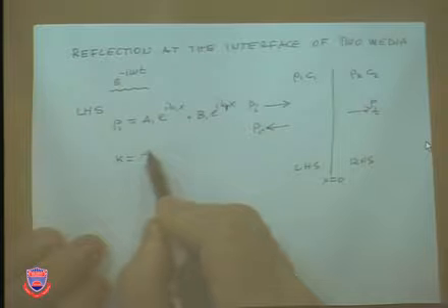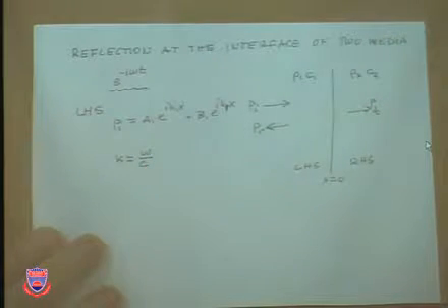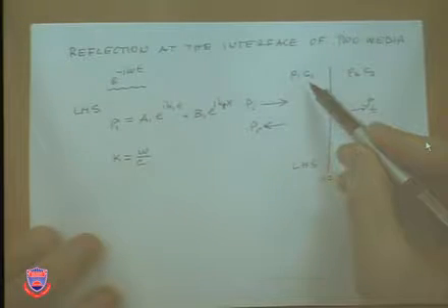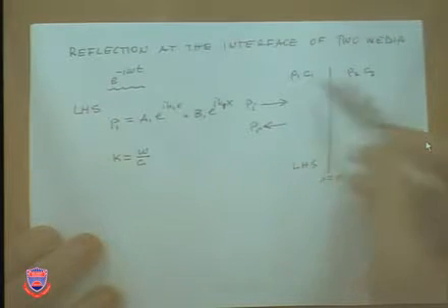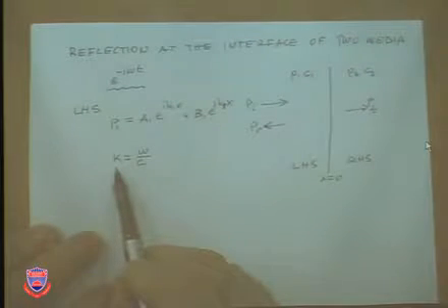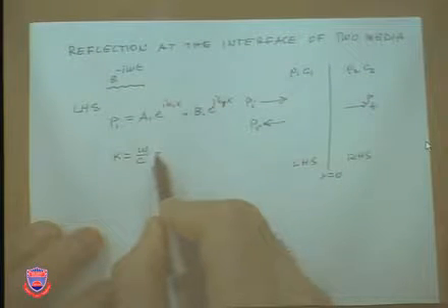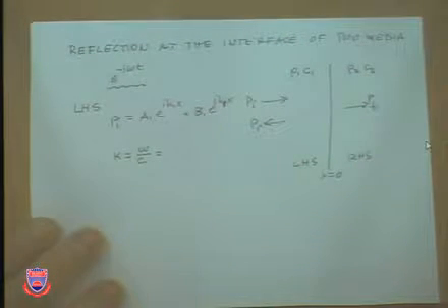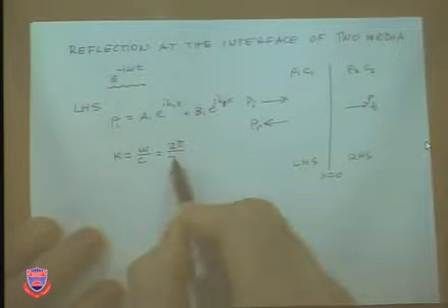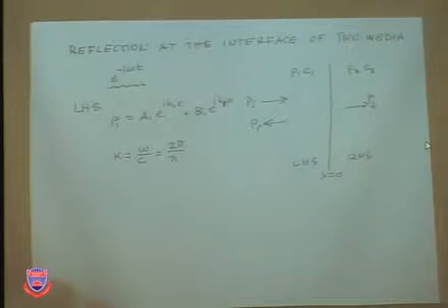K was the ratio of radial frequency to speed of sound. So if the speed of sound is different on both sides, the wave number is also going to be different. In fact, that's also equal to 2 pi over lambda, lambda being the wavelength.